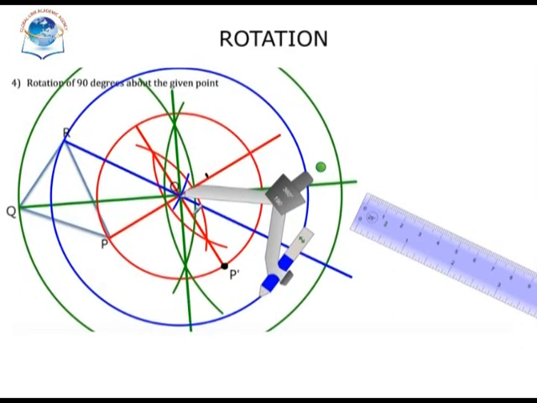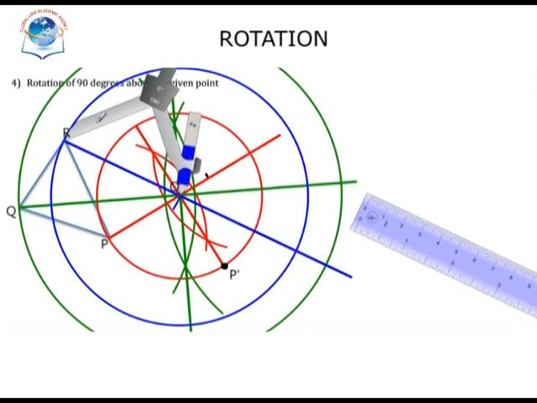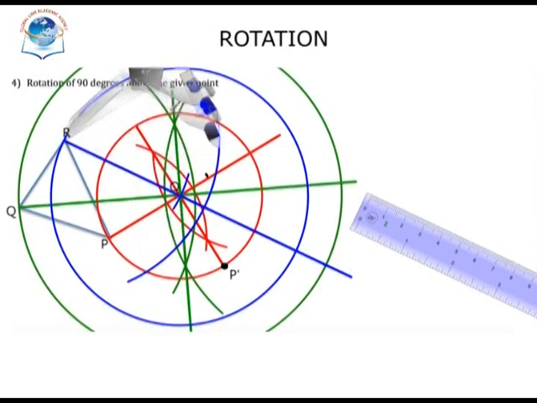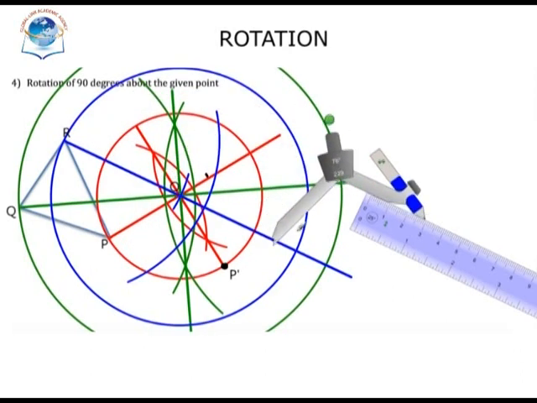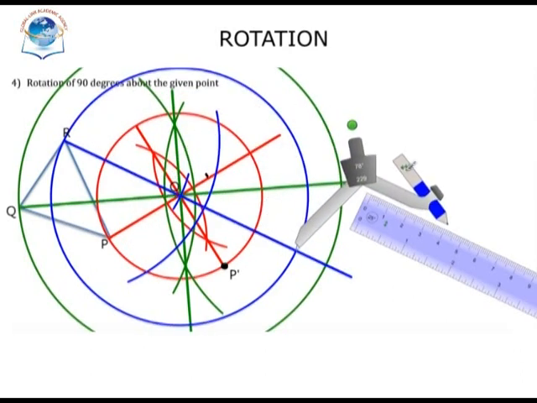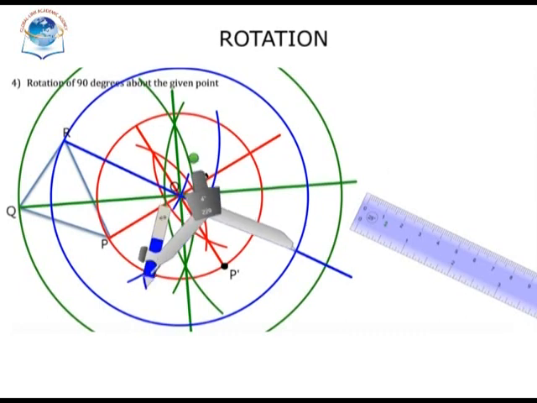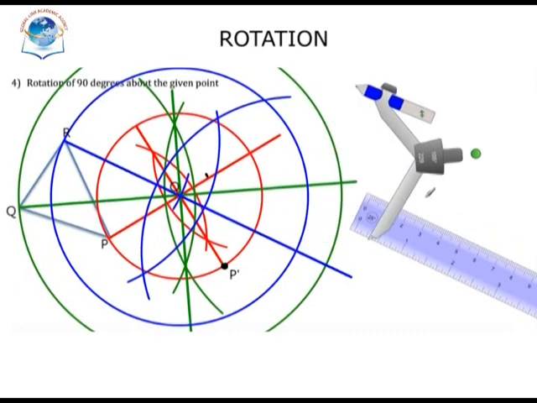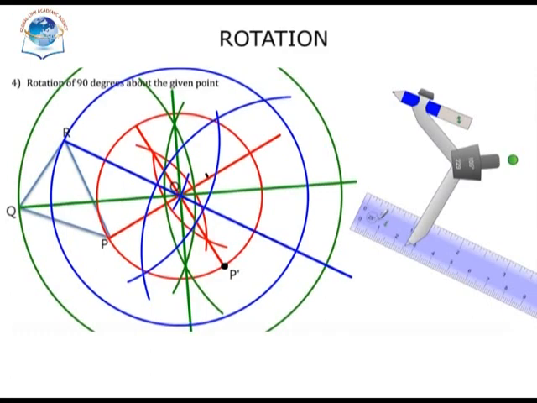Alright. Now we bisect the line. An arc to the other side, over here, another arc. Finally, the bisector now.